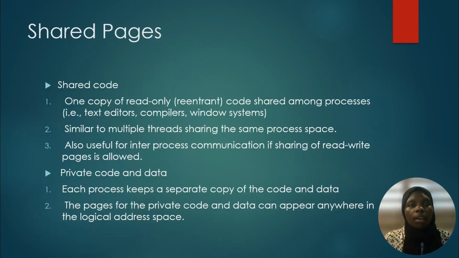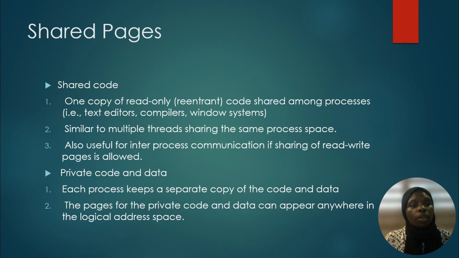Here are shared pages, and under it we have shared code and private code and data. Under shared code, 1. We have one copy of read-only code shared among processes, such as text editors, compilers, or window systems. 2. Similar to multiple threads sharing the same process space. 3.